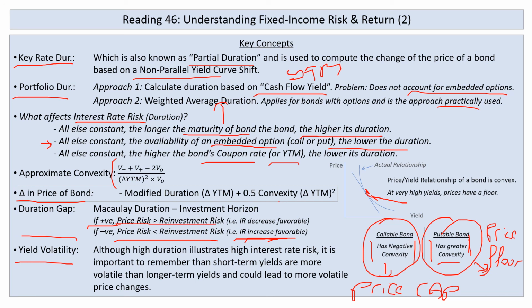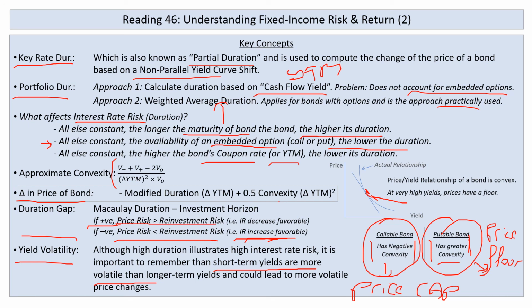However, for short-term bonds, yield is really volatile. It's important to remember that short-term yields are volatile because they are largely affected by monetary policy, and monetary policy could change every time the Federal Reserve has a meeting. Monetary policy is not always stable.